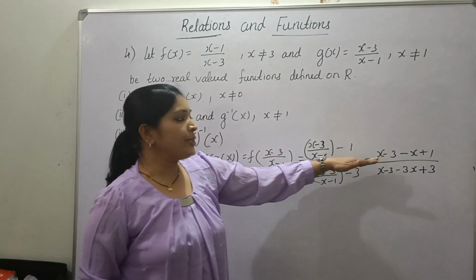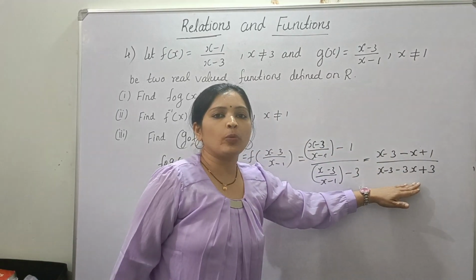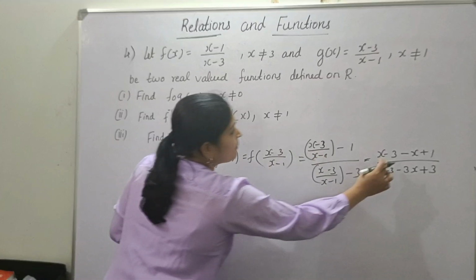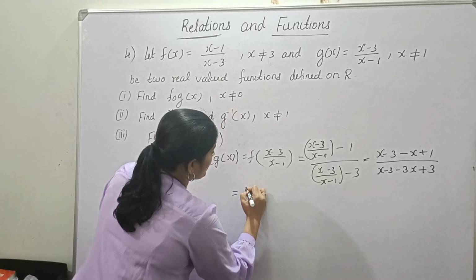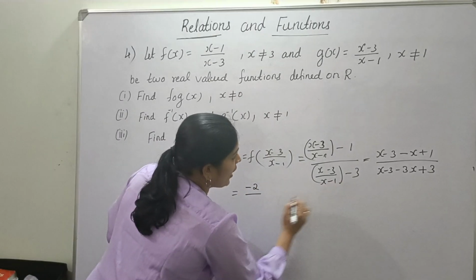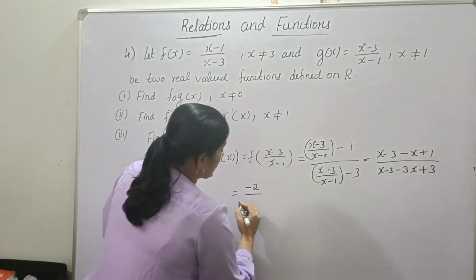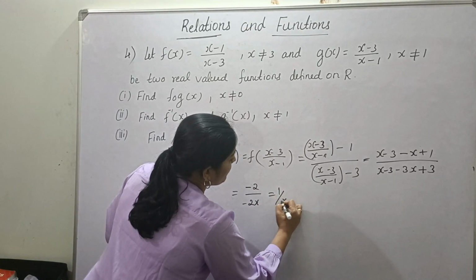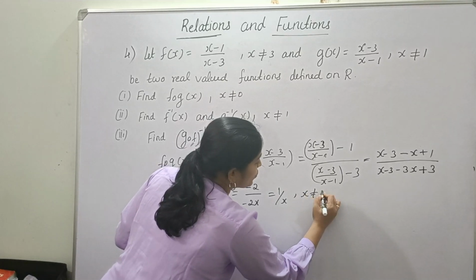And the denominator of the numerator and the denominator of the denominator, x minus 1, is cancelled. Then here x minus x cancelled. So minus 3 plus 1 is minus 2, divided by minus 3 plus 3 cancelled, x minus 3x is minus 2x. That is equal to 1 by x, x not equal to 0.